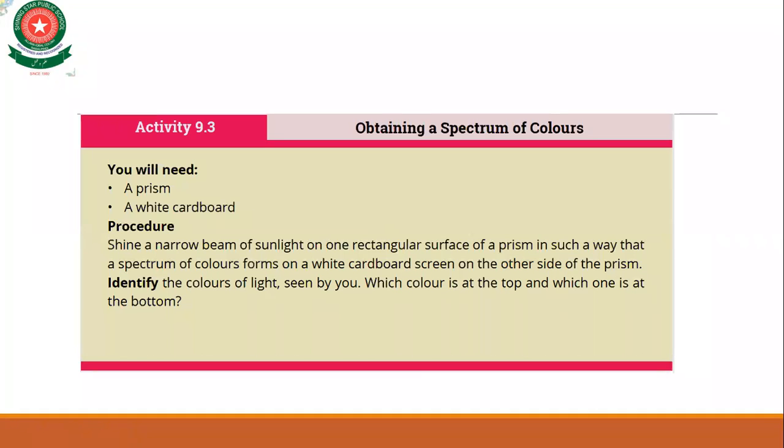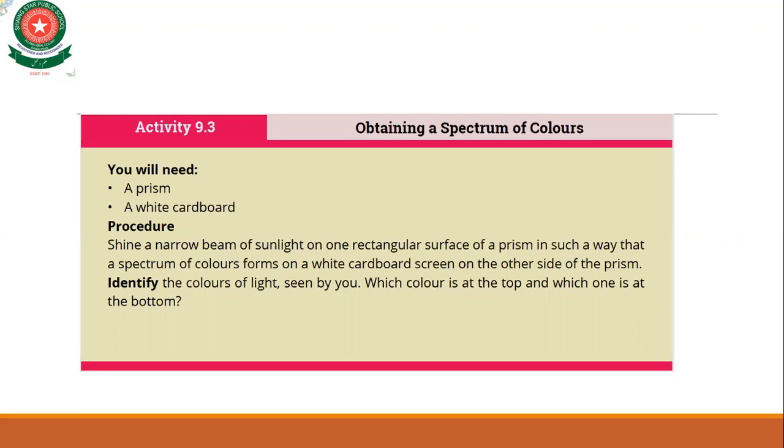Next is obtaining a spectrum of colors. So how can we obtain a spectrum of colors? First of all, you need a prism and a white cardboard. Shine a narrow beam of sunlight on one rectangular surface of the prism in such a way that a spectrum of colors forms on a white cardboard screen on the other side of the prism.